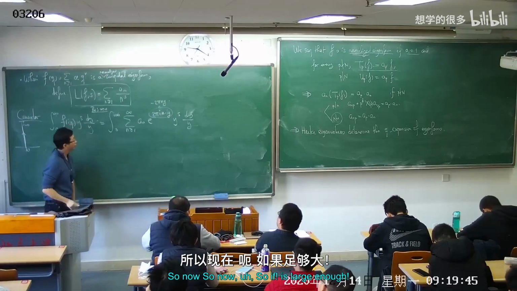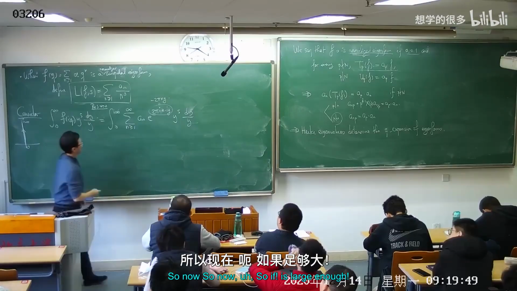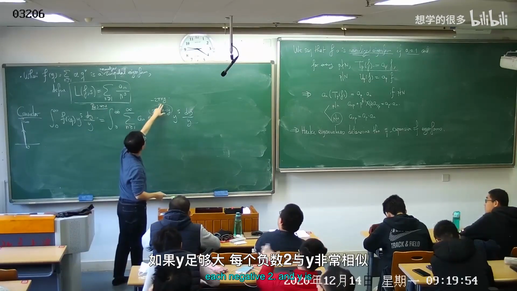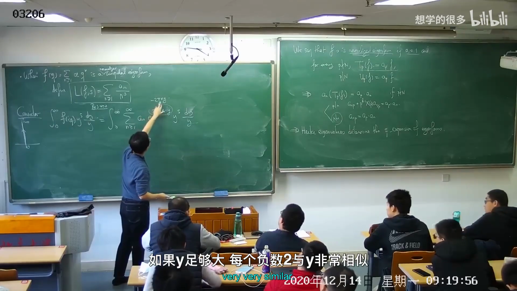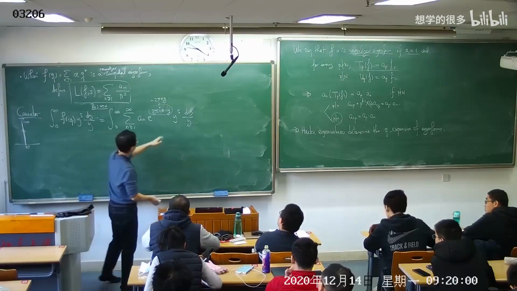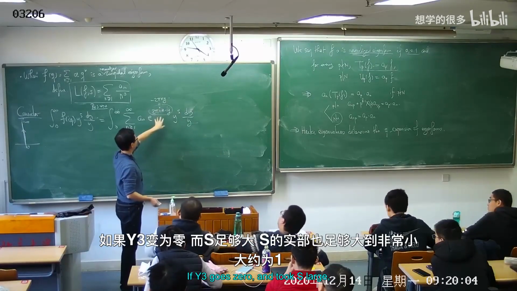So now, convergence. If y is large enough, e to the negative 2 pi n y is very, very small. It's exponentially small. So whatever the polynomial growth is, it will dominate everything.